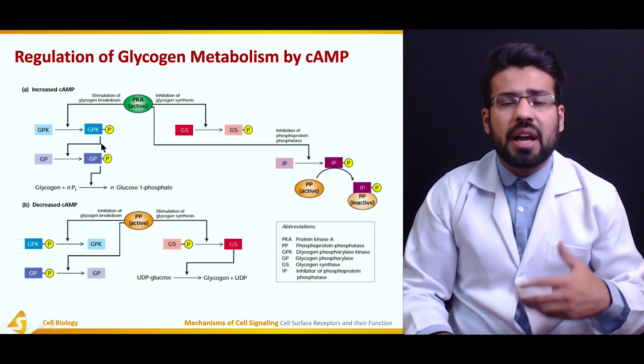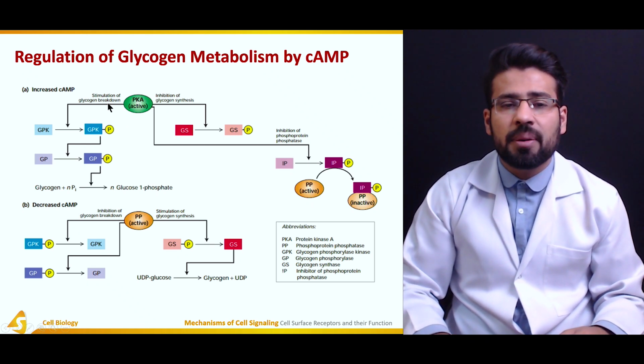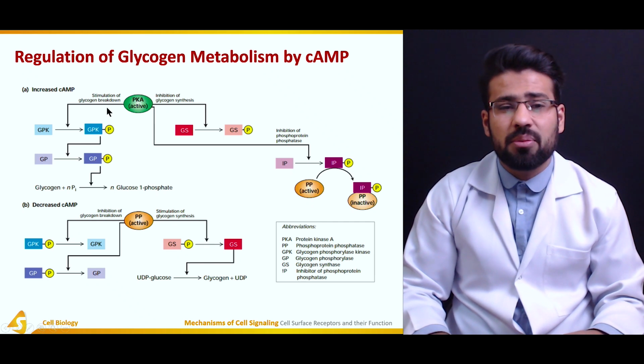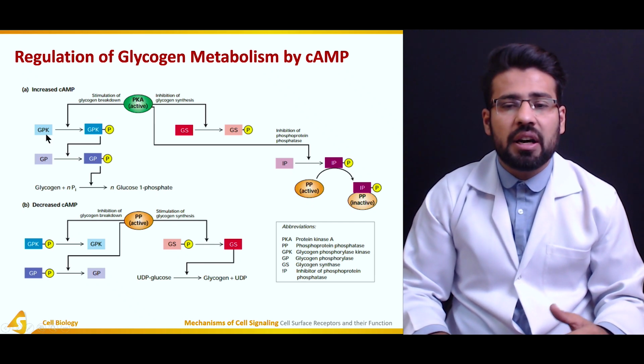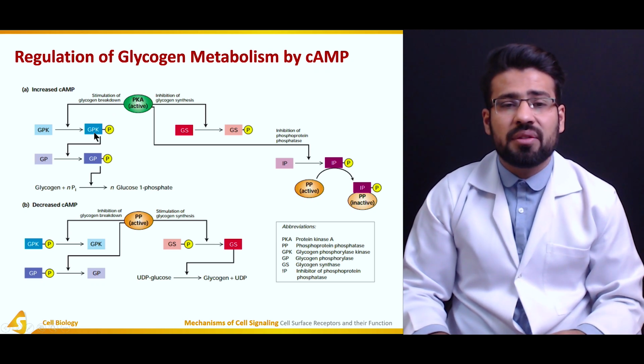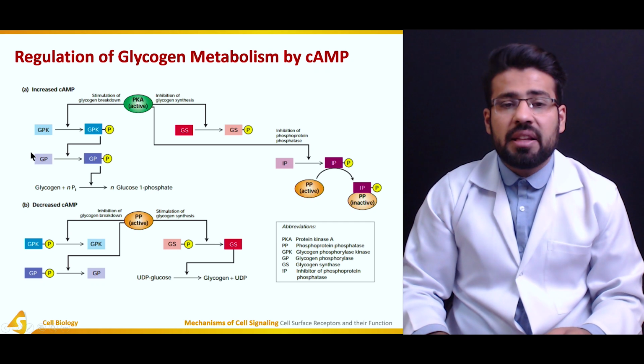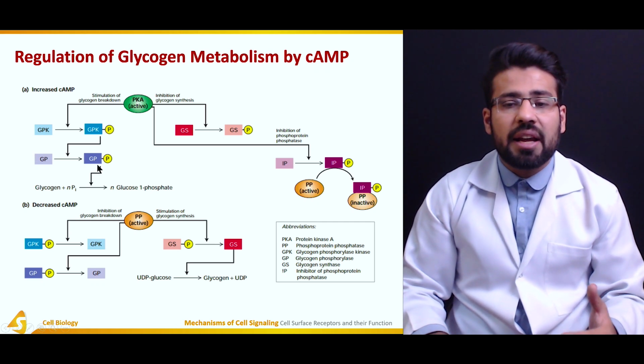So we'll start off with what happens in the case of increased cyclic AMP. It is going to cause the stimulation of glycogen breakdown. So we have here glycogen phosphorylase kinase. Increased cyclic AMP causes the activation of glycogen phosphorylase kinase, and this is going to cause the phosphorylation of glycogen phosphorylase.